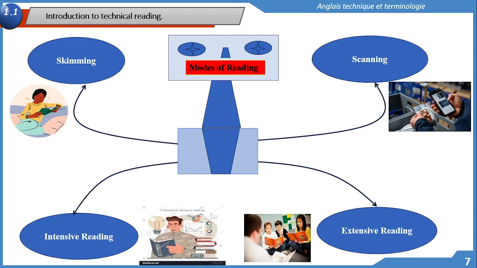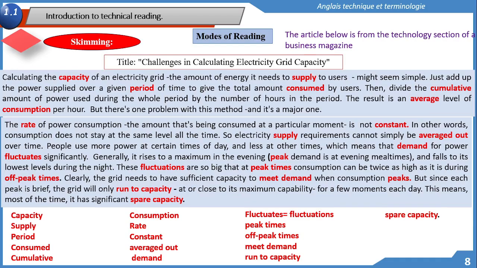So for extensive reading or speed reading, it is a technique that allows you to read the text quickly. This is a useful skill when you need to read a lot of information in a short amount of time. So let's start by applying these modes of reading using some articles in electrical engineering.